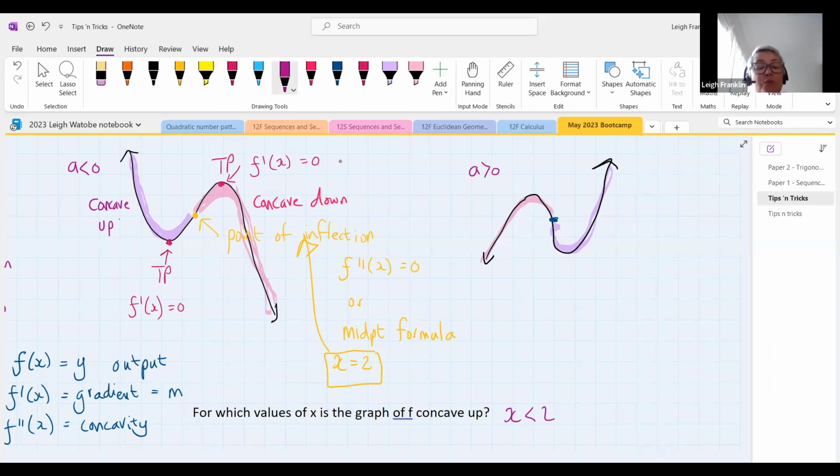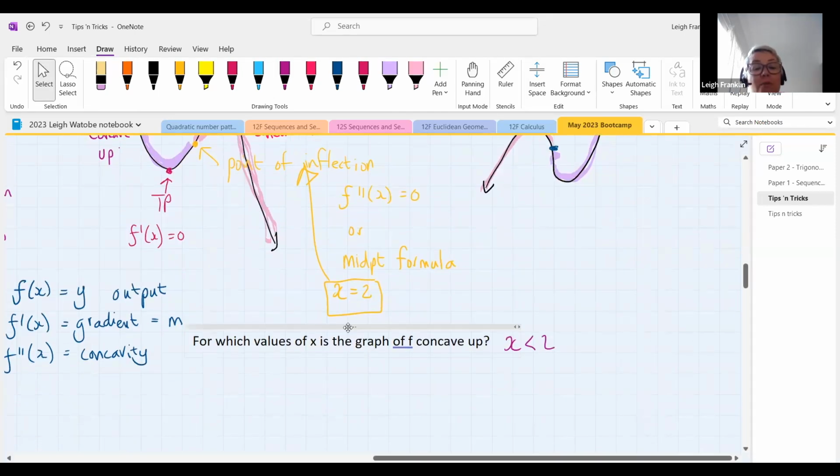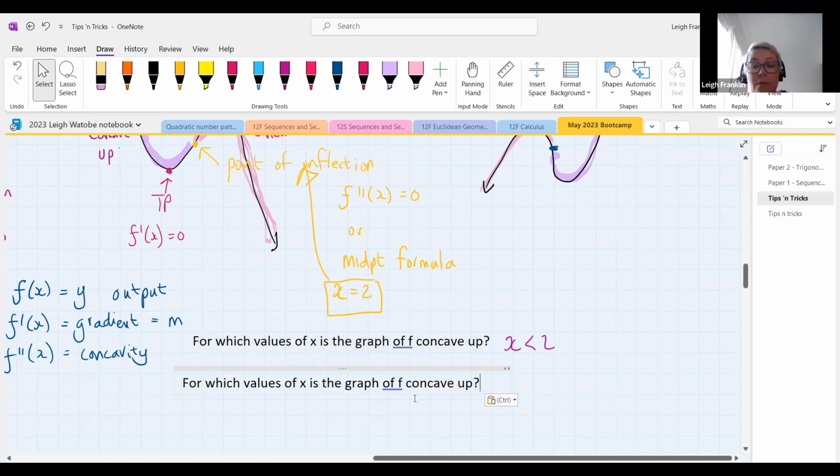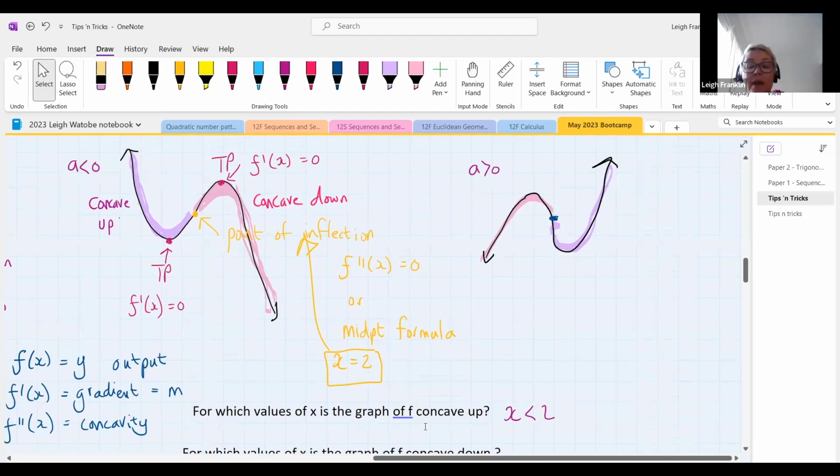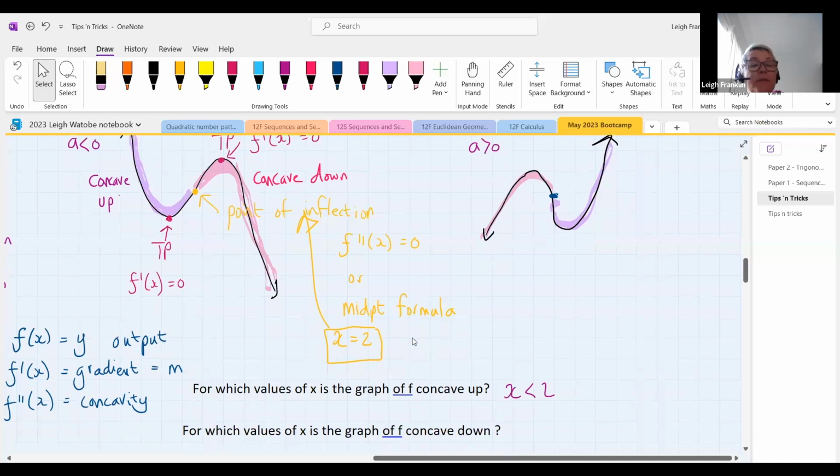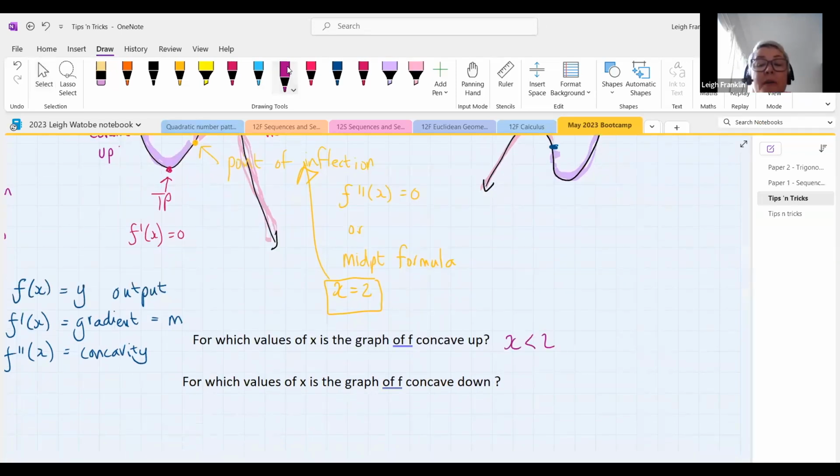If they said to you for which values of x is the graph concave down, again with the graph on the left, let's just copy that. You would say where x is smaller than 2.